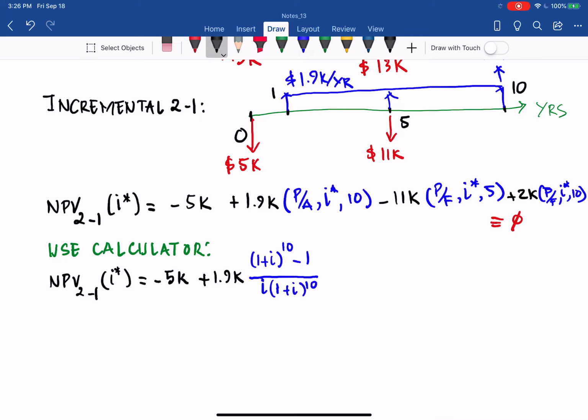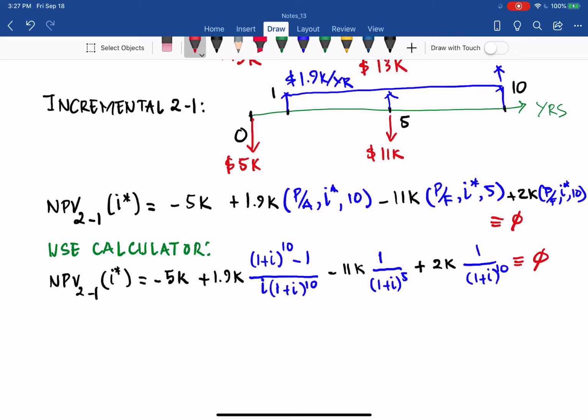Negative 11K, that factor equal to 1 plus I to the power 5, plus 2,000, that factor is 1 plus I to the power 10, and that equals 0.